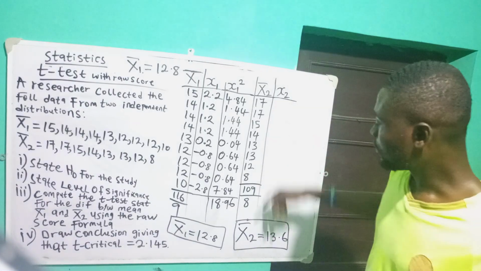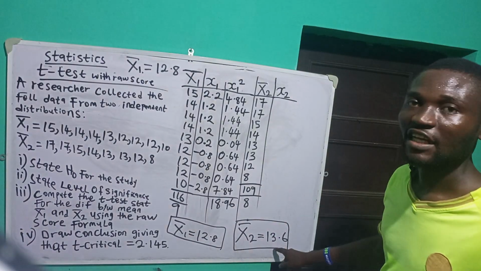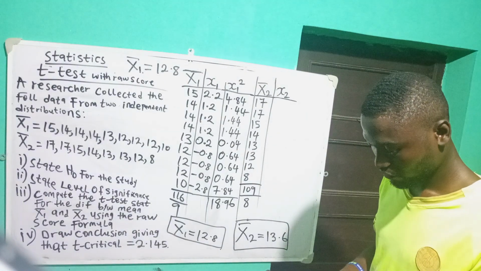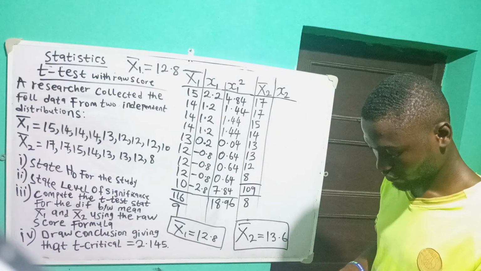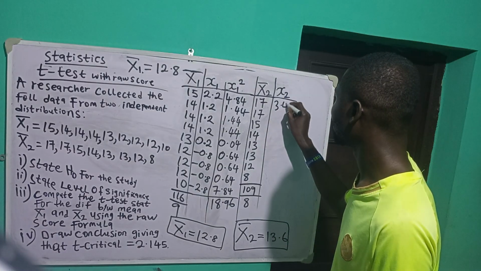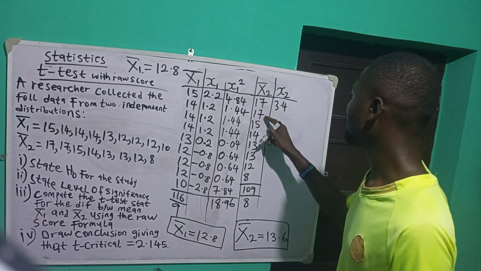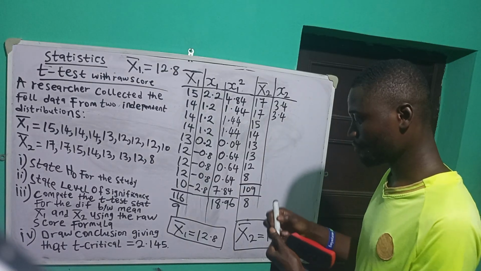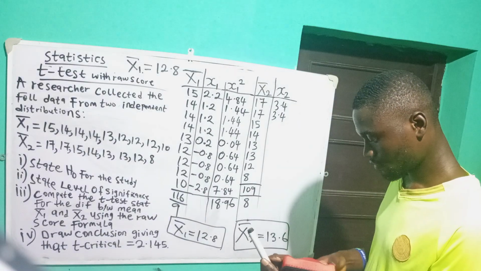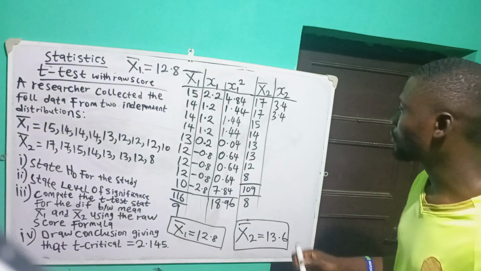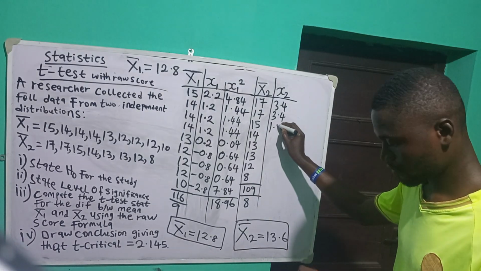So all these numbers that are here, you subtract them from 13.6. 17 minus 13.6, you get 3.4. 17 minus 13.6, you get 3.4. 15 minus 13.6, you get 1.4.